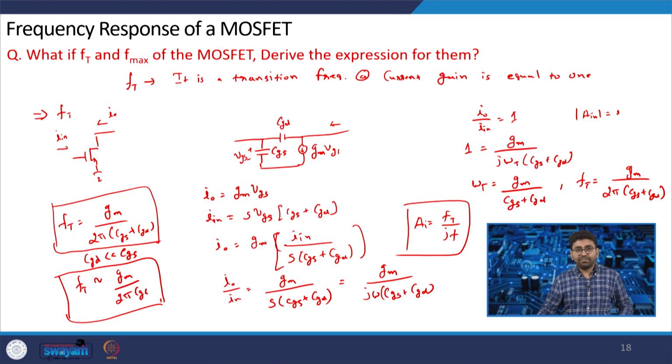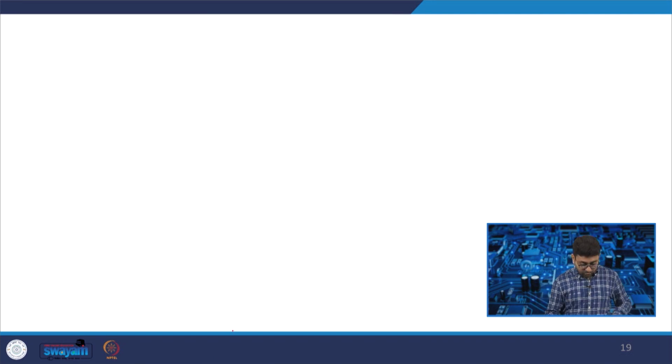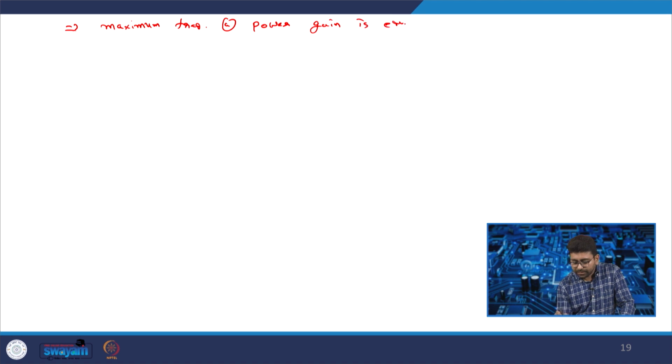Another important parameter for any device is fmax. So, we will try to derive fmax also. What is the definition? fmax is the maximum frequency at which power gain is equal to 1.